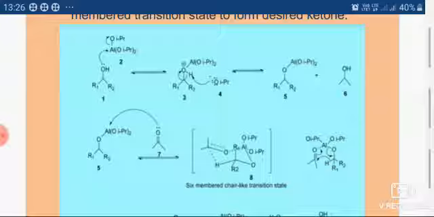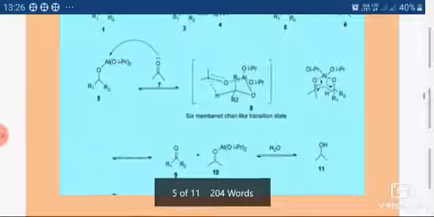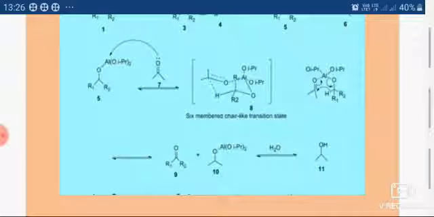Now this aluminium complex intermediate coordinates with another ketone, that is acetone, to form a 6-membered chair-like transition state as in the Oppenauer oxidation, and there occurs the intramolecular rearrangement, and there is formation of an intermediate, and this intermediate decomposes to give you a ketone and an aluminium complex.